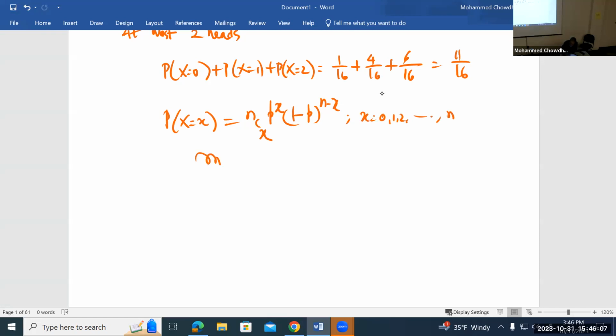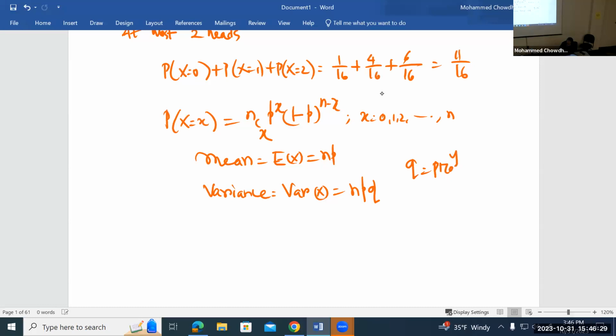It has a mean, written as expected value of X equal to np, and variance of X equal to npq. Q means 1 minus p. Q equal to probability of failure, and p equal to probability of success.